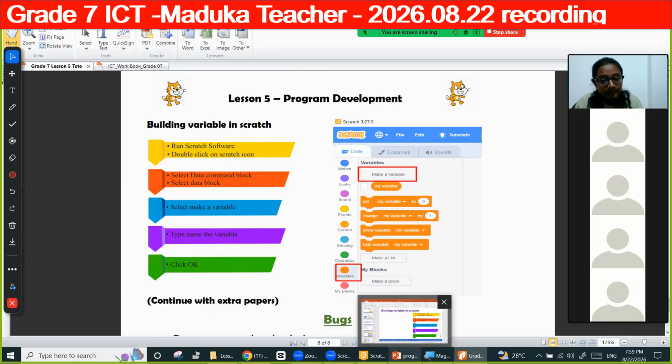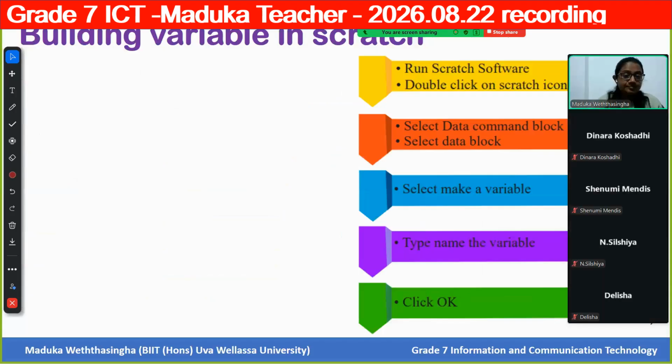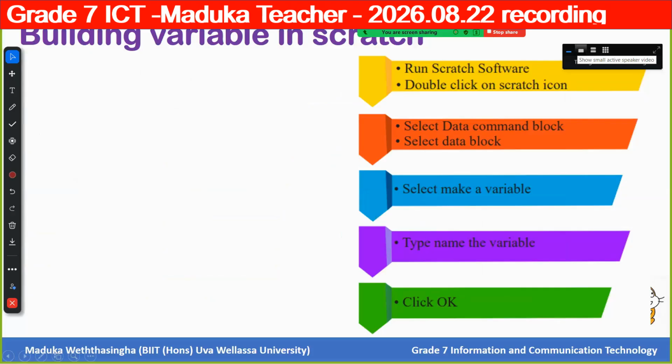Let's read them and do it practically. What are the steps? Run Scratch software. Double click on the Scratch icon. That's how we can open Scratch. Then select data command block and select data block.